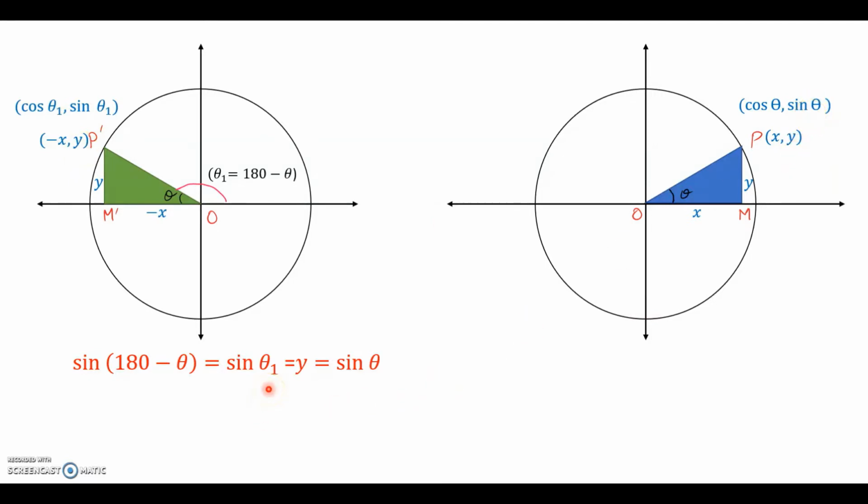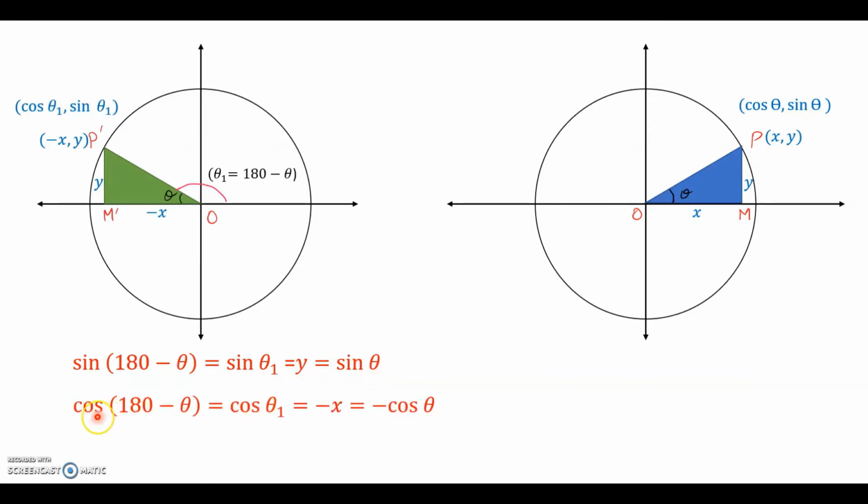So you notice sine 180 minus theta is equal to sine theta 1, which is equal to this y here, and it's also equal to sine theta. Right? So we have derived that sine 180 minus theta is equal to sine theta.